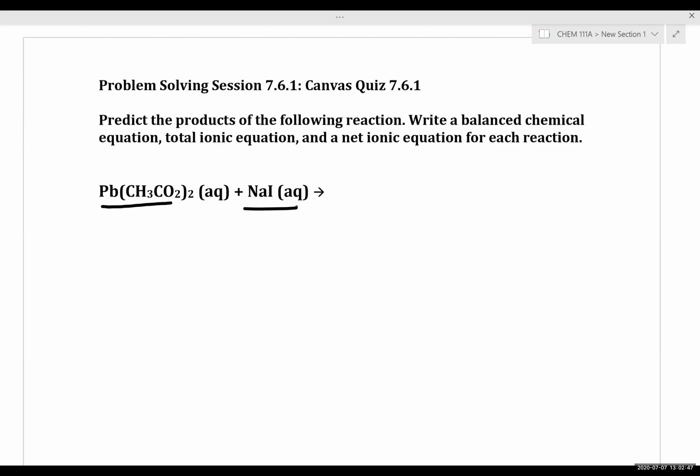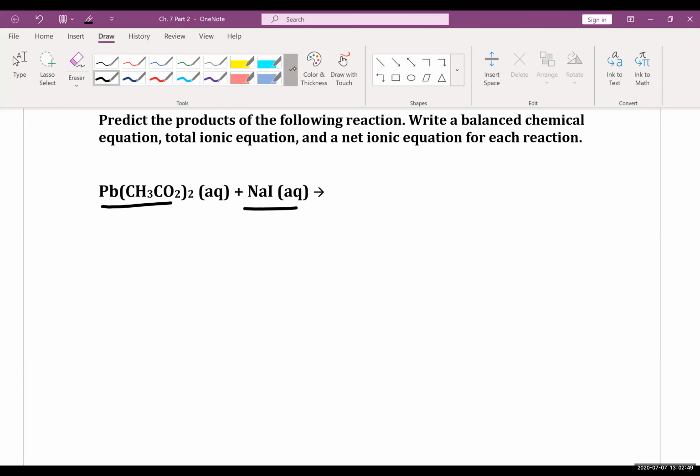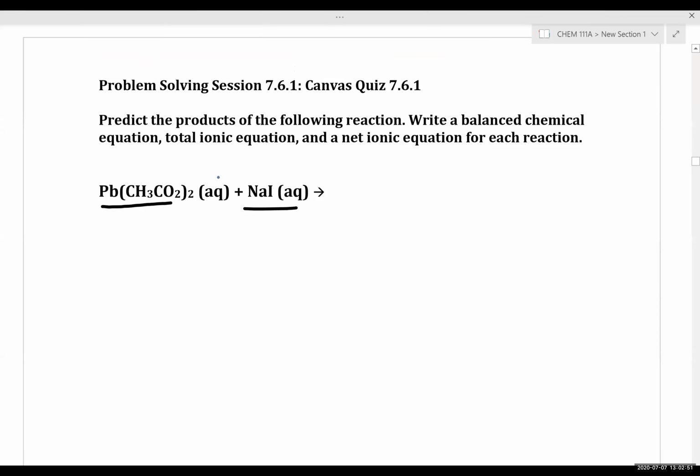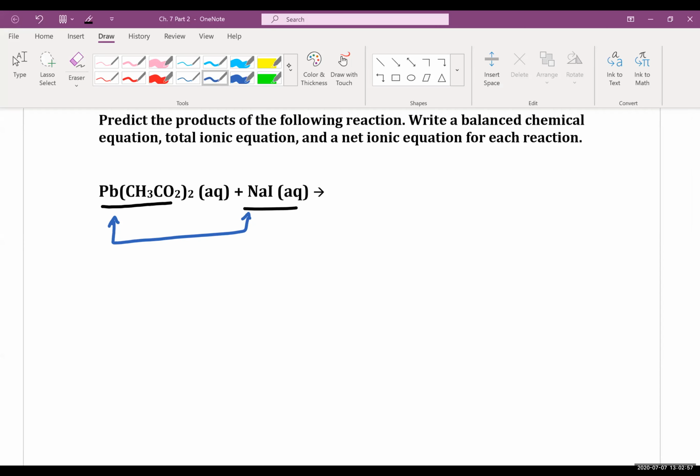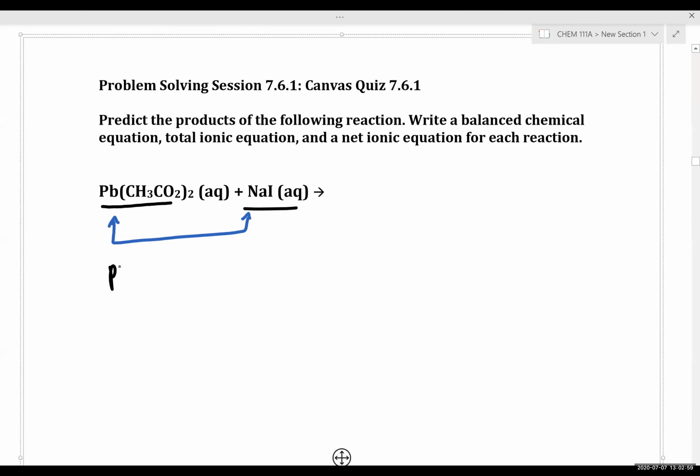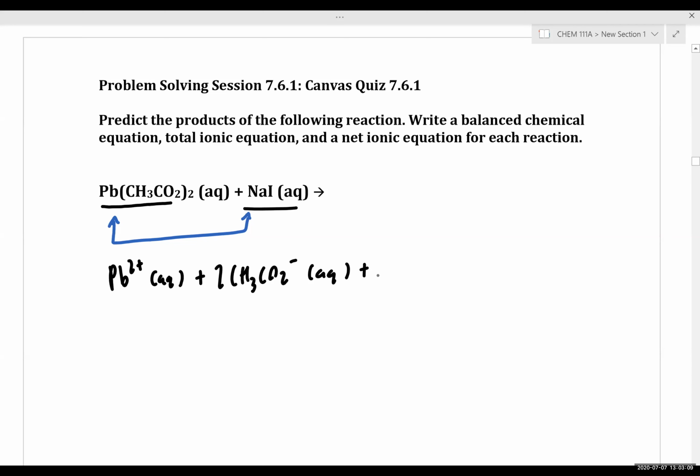Okay, so let's take a look at this example. As part of our shortcut, essentially what we're doing is we're swapping our cations. I also like to think about it as we're writing out a pool of possible ions that we can then use to make ionic compounds. So we have our pool of ions from each of these two ionic compounds.